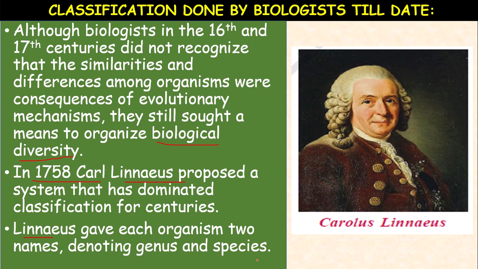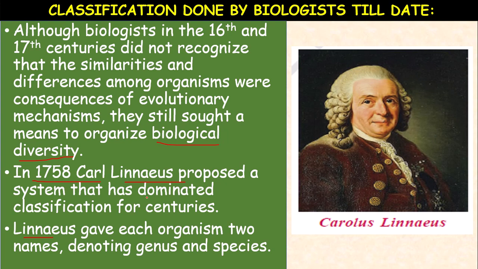The binomial nomenclature given by Linnaeus is the naming system in which the name of a species consists of two words, the first generic name written with an initial capital letter and the second species name written with an initial small letter.